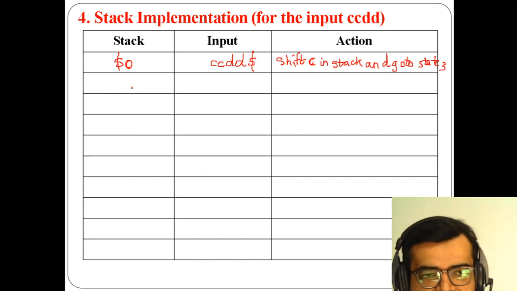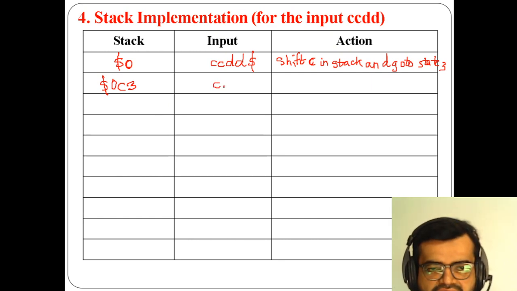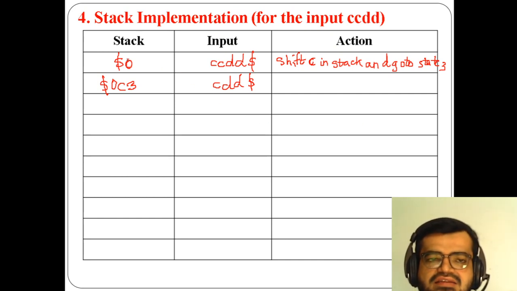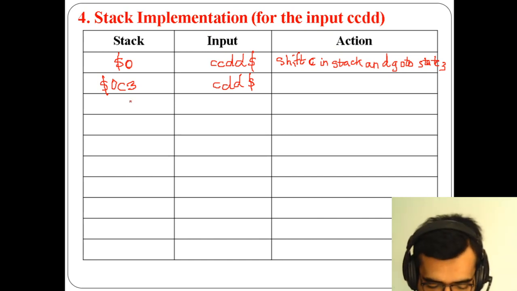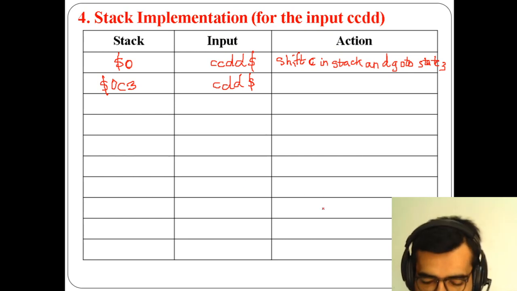So the result has to be implemented in this stack: $0, and see, you are shifting onto the stack and going to the third state, so you write C3, and the input is now CDD$. I already said that in stack implementation, initially the input string is full, but finally the stack will reach the start symbol, the input string will become empty, and the action accept has to be performed.